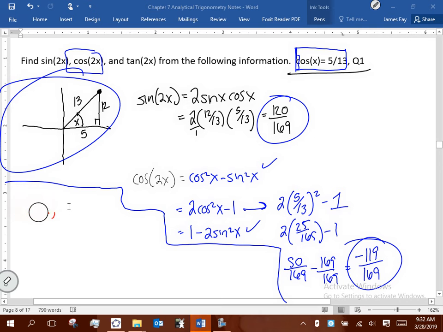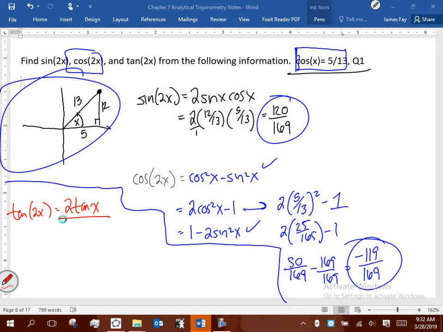What that's going to end up giving me eventually, just to save a little bit of time, is 2 tangent x on top, and then 1 minus tangent squared x on the bottom. You can use that. Now, I think using that is a longer process. There's more algebra involved. You have to have the picture to give you this 12/5.